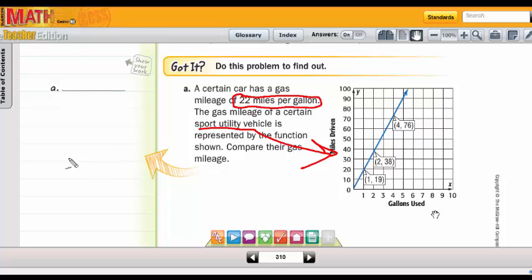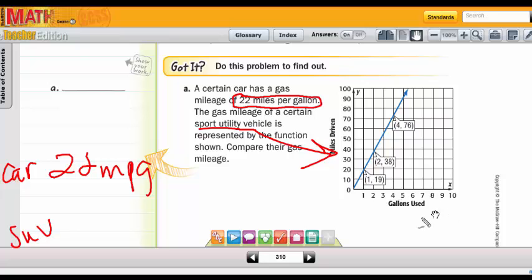So we have 22 miles per gallon for the car, 22 mpg for the car. And for the SUV, we have to look at the table. So we are again looking at the change in y over the change in x, because we want to turn this into a rise over run slope.